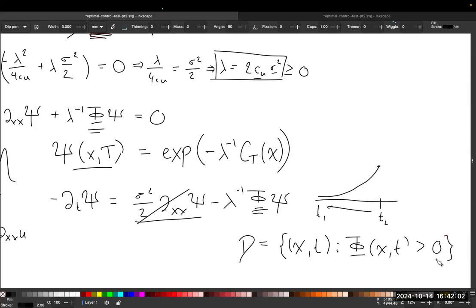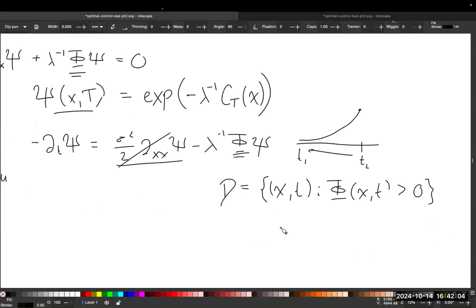And I want us to think about the case where phi is actually infinite for some values of x and t. So let's think about this D infinity where this is actually infinite. It's the role of mathematicians to think very carefully about infinity, but I'm not going to do that today.